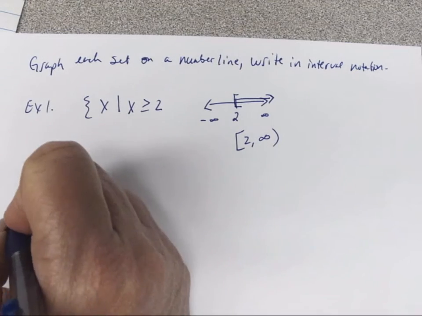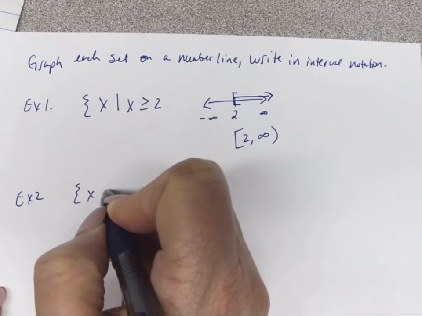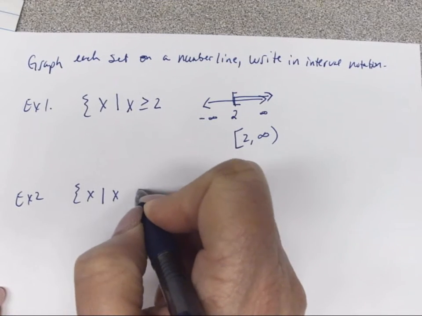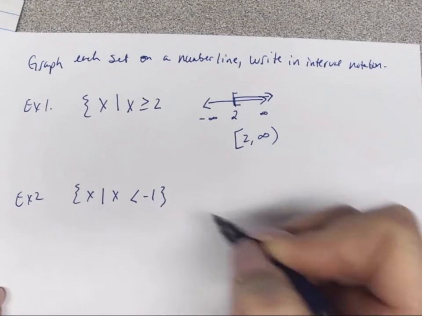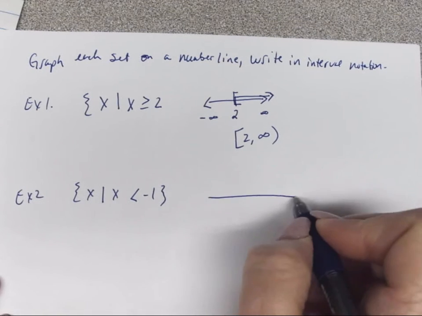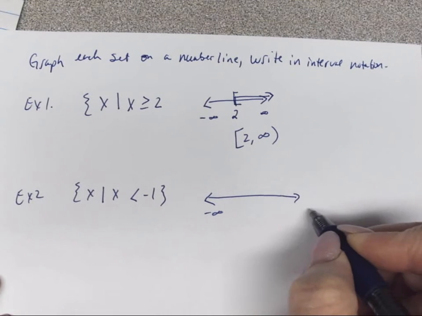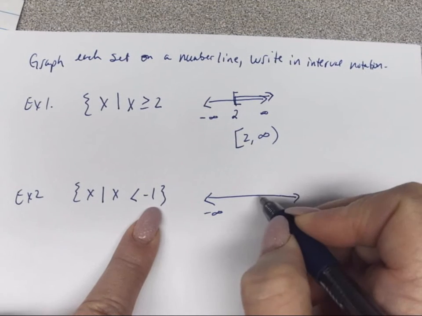All right, let's do example 2. So we have x such that x is less than negative 1. Well, we have less than, so we're going to draw our graph again. And we'll put our infinities on both sides, and we're only dealing with negative 1.